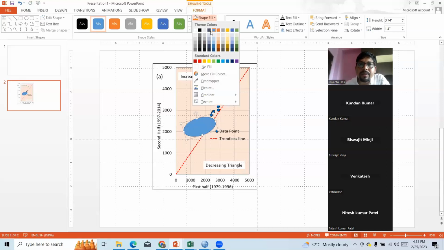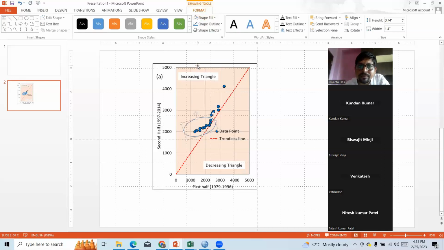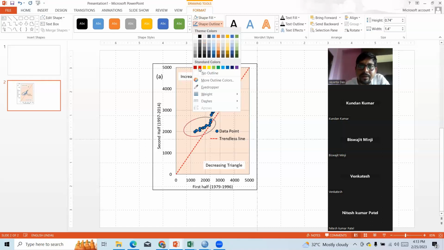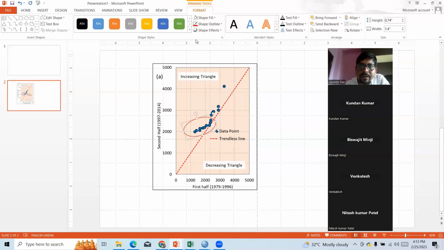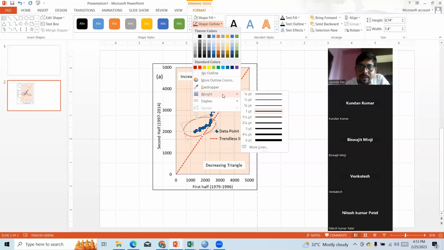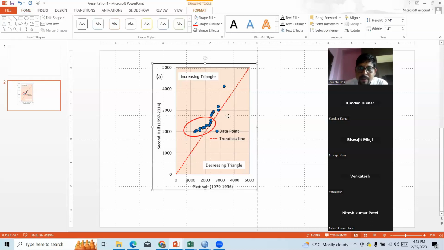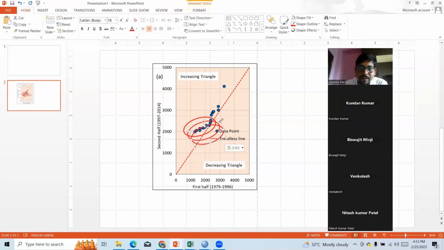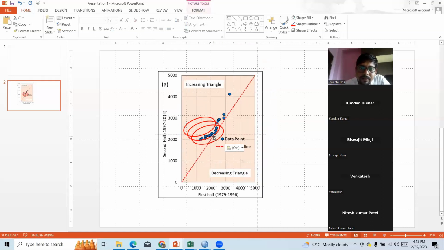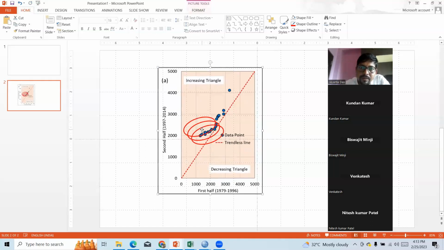Now go to the shape fill. None. Then here color, red. Again, this one. Now we can copy it. This oval. It's a time-taking job.